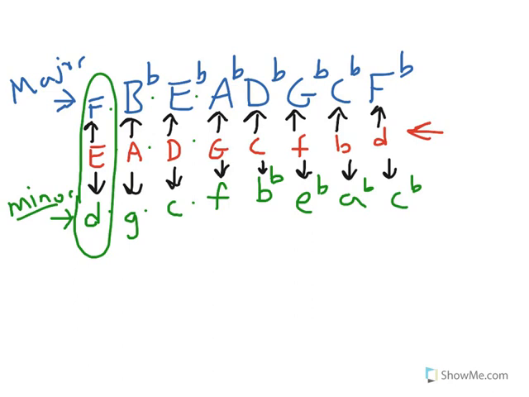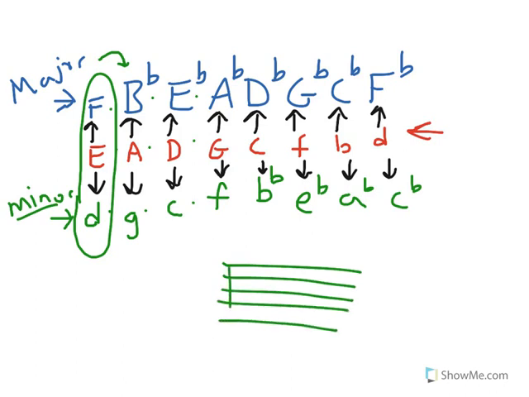And remember that you just take the one right next to it, and that's it. So F major has a B flat, and so does D minor. So if I draw my staff here, and I put one flat on the B flat line, that's not the key of B flat, it's the key of F major or D minor, if we're in major or minor.